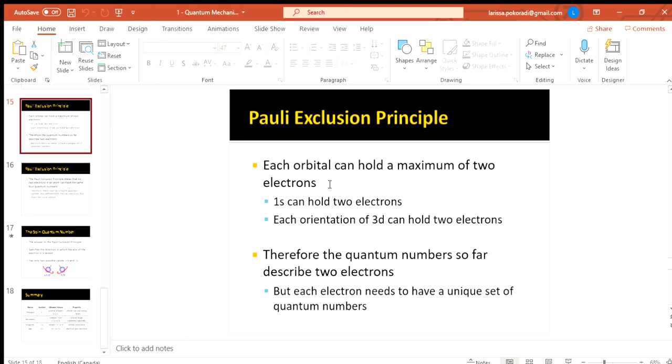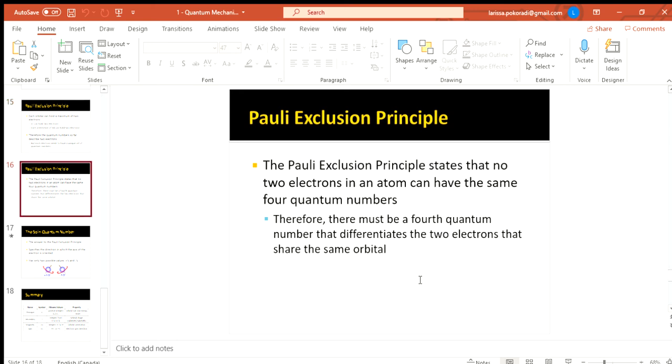To make sure that they are somehow labeled differently is where Pauli's exclusion principle comes in. What it does is help us give a unique set of quantum numbers to every single electron, including those 2 that share an orbital.